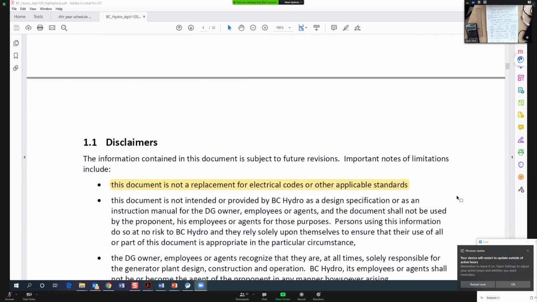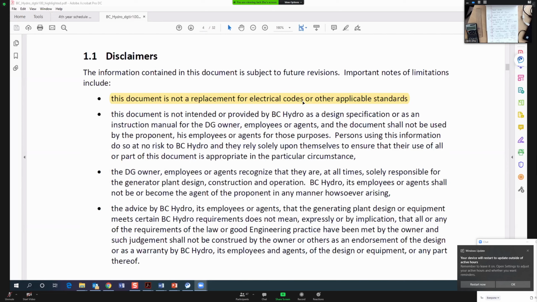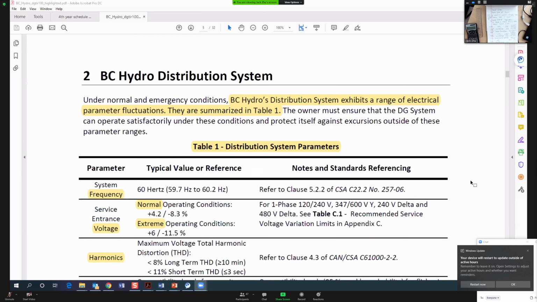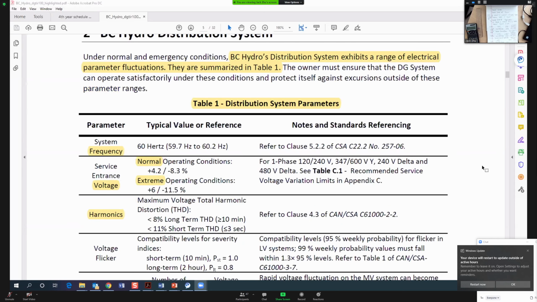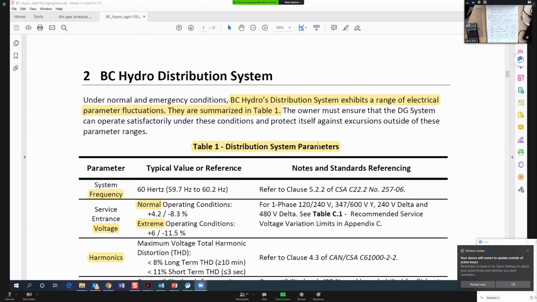This document is not a replacement for the electrical code or other standards. They will refer back to the electrical code and the standards a lot. In here, you have to be careful, because they say BC Hydro's distribution system.